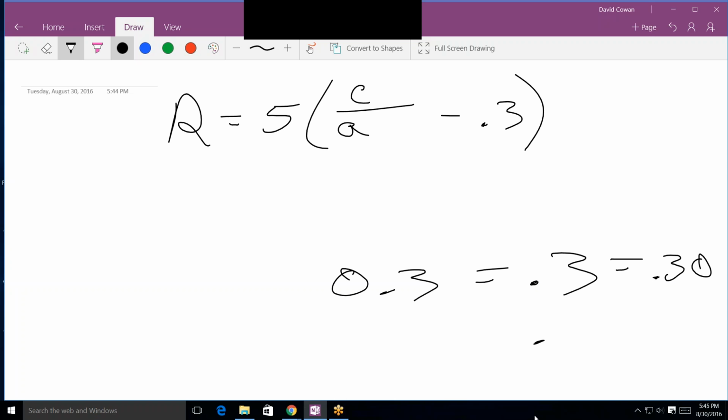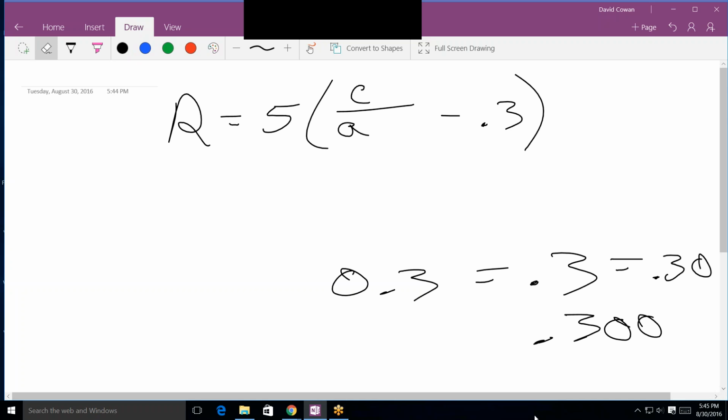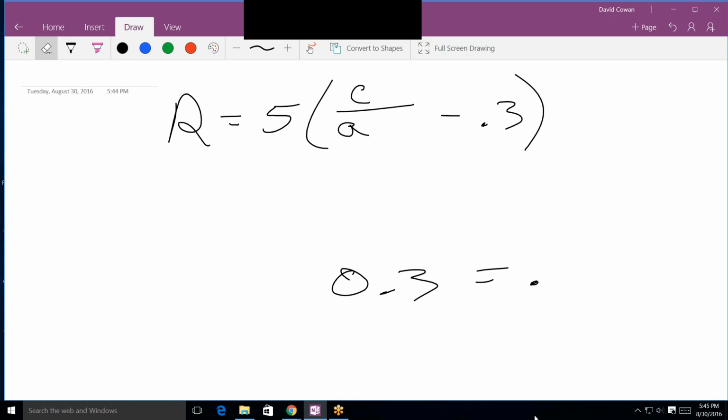If I wanted to write unnecessary zeros, I could write all kinds of them. My general rule, and they won't necessarily do this in your class, most of the time they'll always give you that leading zero. I have never understood why. But just so you know, when I write it, I don't write the leading zero on the left side of the decimal.